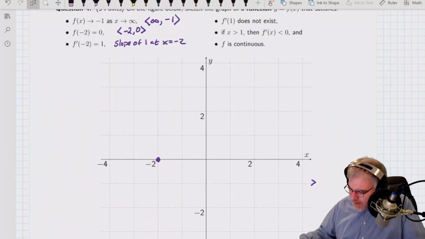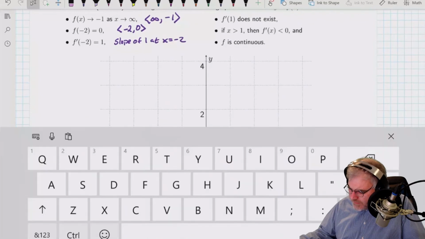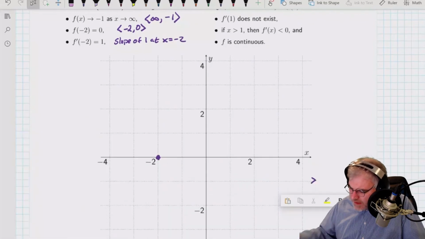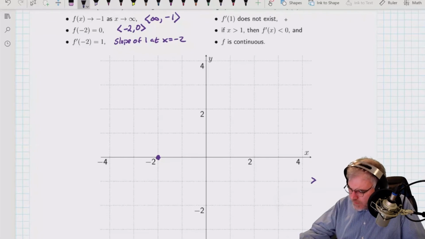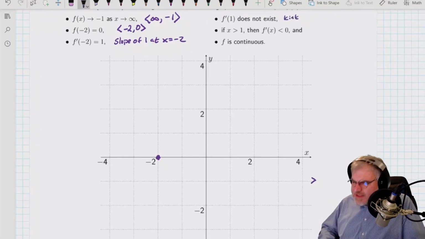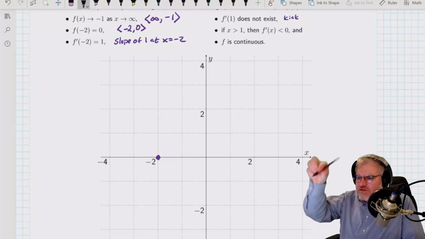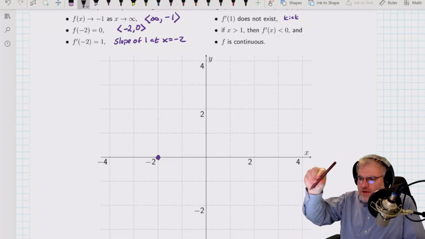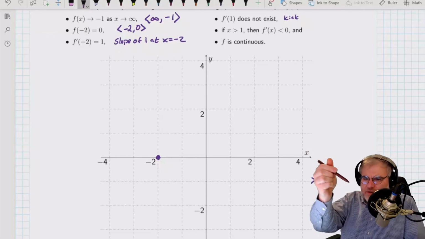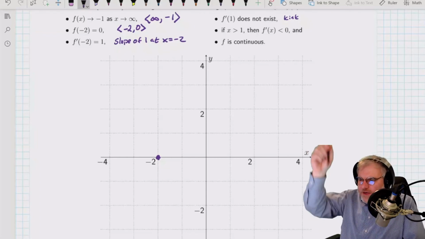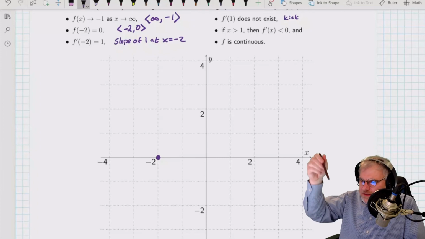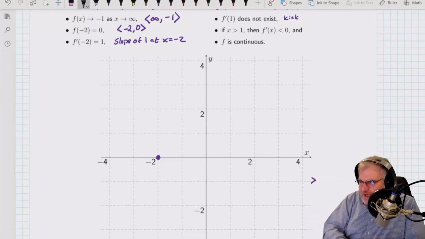And what was the last one here? If x is greater than 1, then f prime of x is less than 0. All right, so what does that mean? That means the slope of the tangent lines, if I'm greater than 1, they're going down. The slopes are negative.